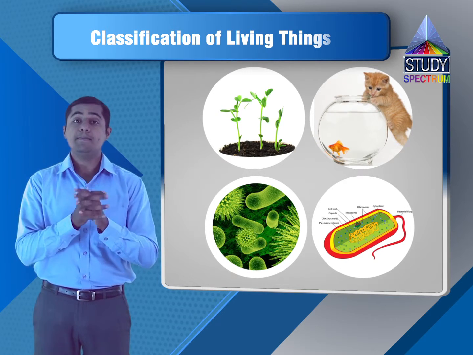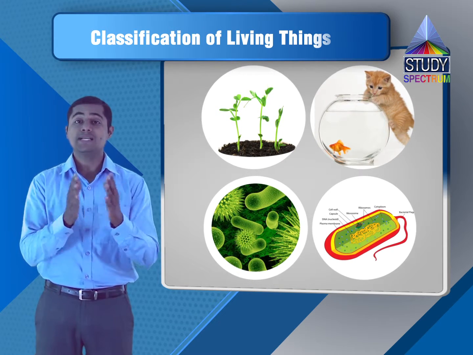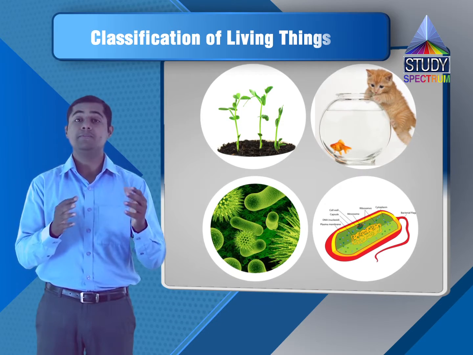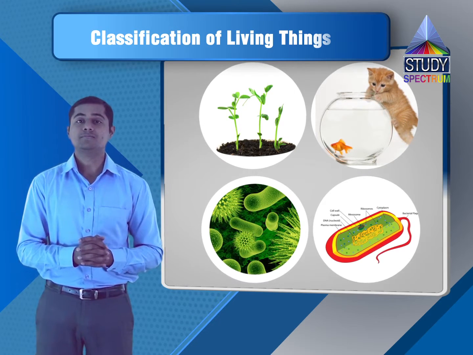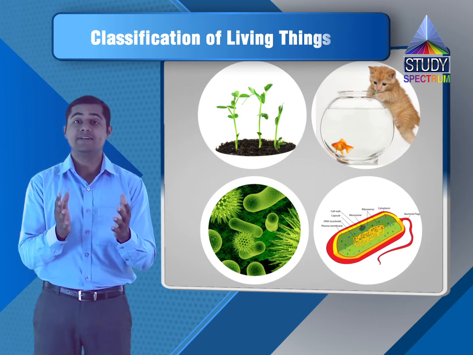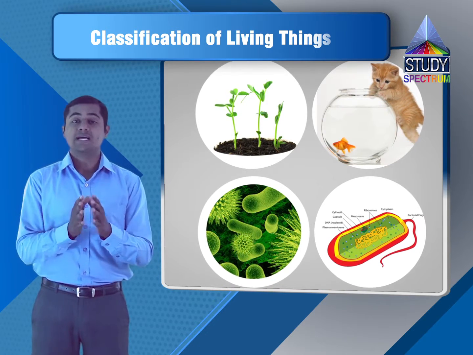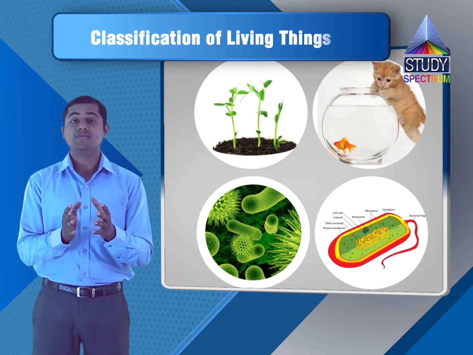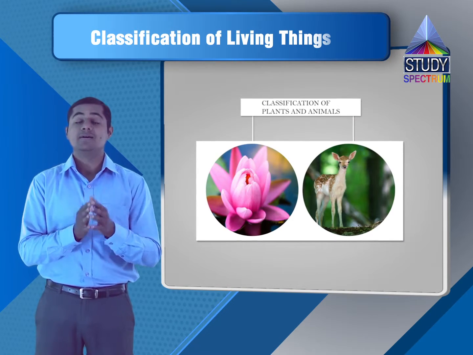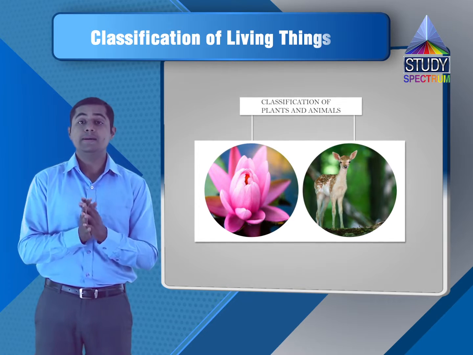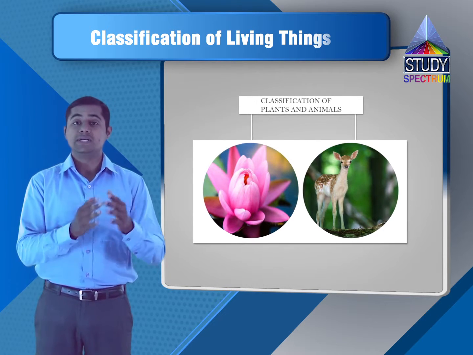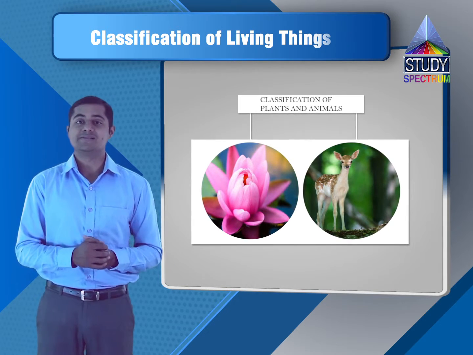So, to study them better, we need to classify them. We need to divide them into groups. That is called the classification of living things. So, how do we do this classification? The very first classification is that we can divide living things into two major groups, plants and animals.